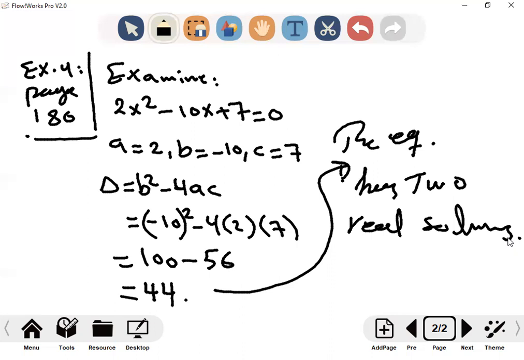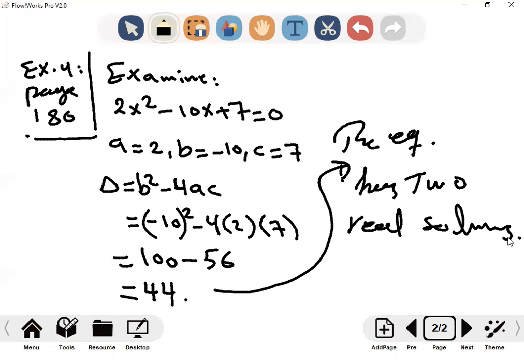Put them. Then b power 2 minus 4ac is delta, right? In place of b, put negative 10. Minus 4 times 2 times 7 equals 100 minus 56 equals 44. So the answer is 44 at the end. This is part A. They only found the discriminant.